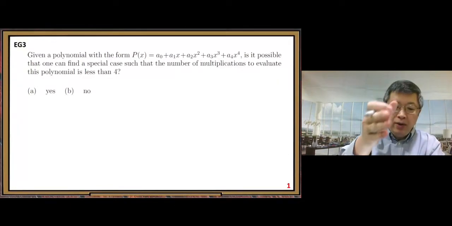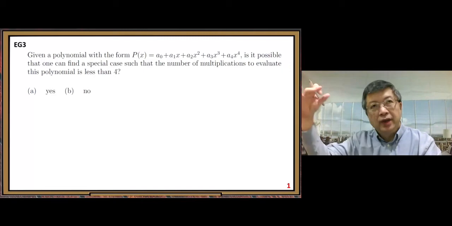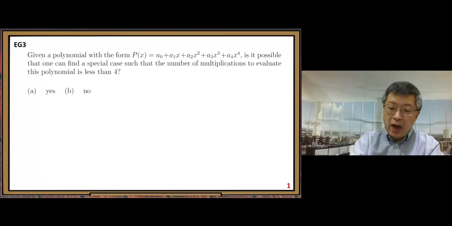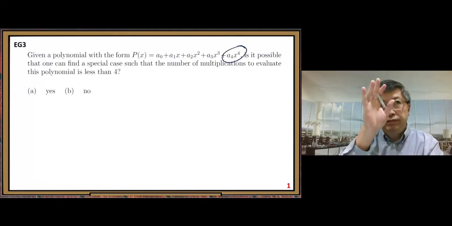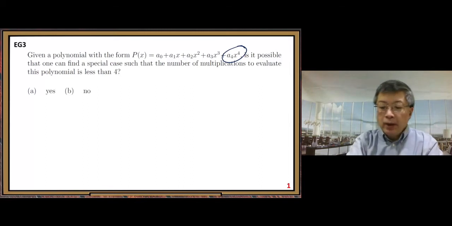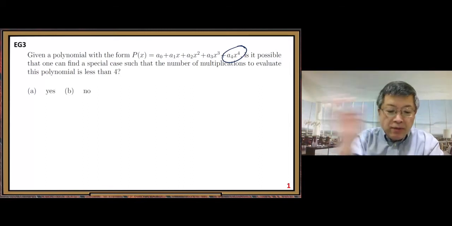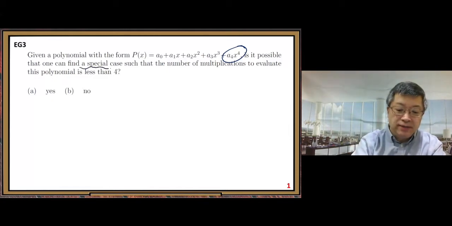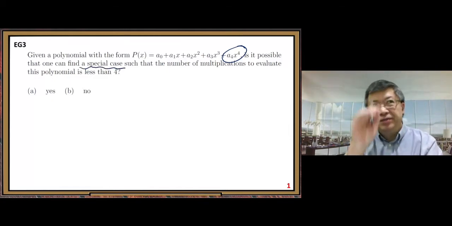Given a polynomial of this form, it is a polynomial of degree 4, with the highest term of 4th degree. Is it possible that one can find a special case?